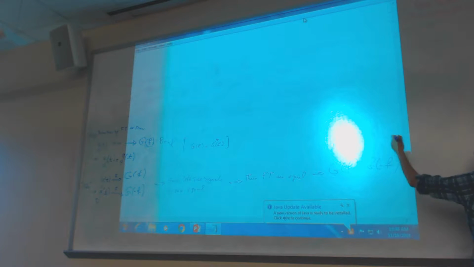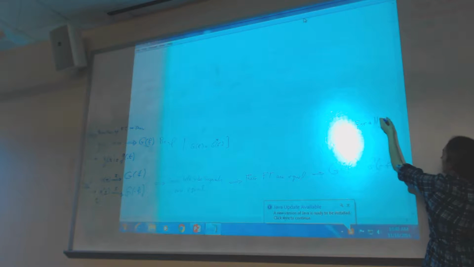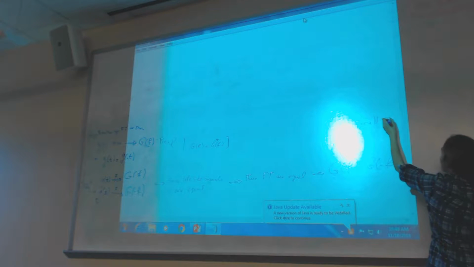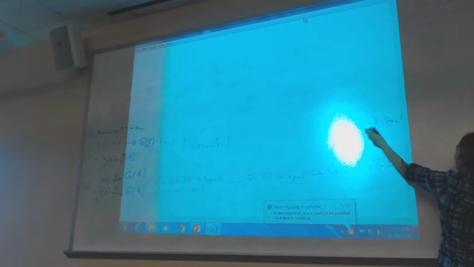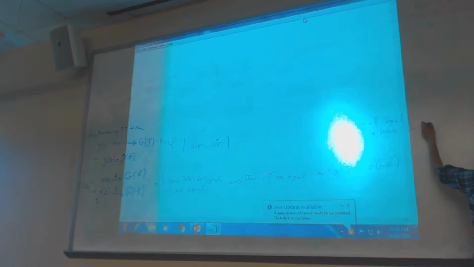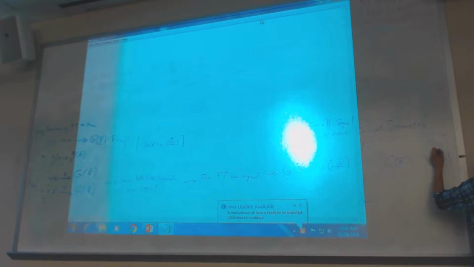But we know something. For all signals, we have conjugate symmetry. Anybody remembers that property? The name suggests, you don't have to remember. Conjugate symmetry. Symmetry means G of f and G of minus f, but it's a conjugate.